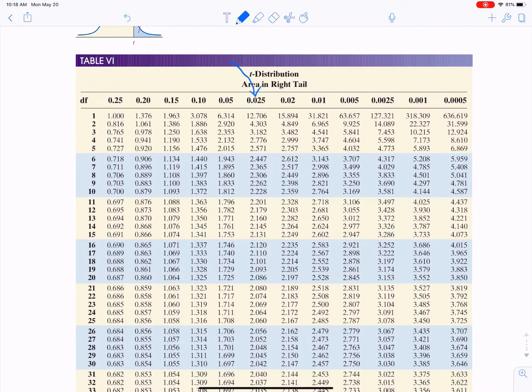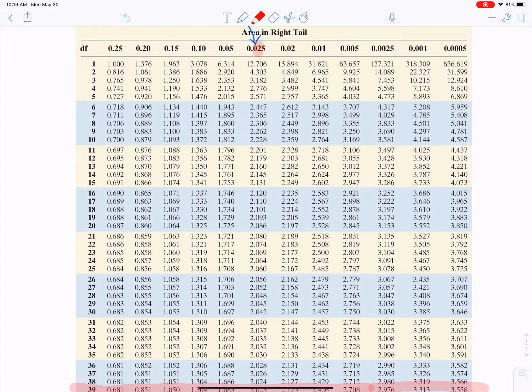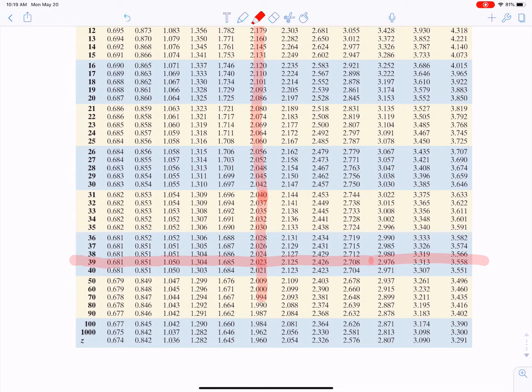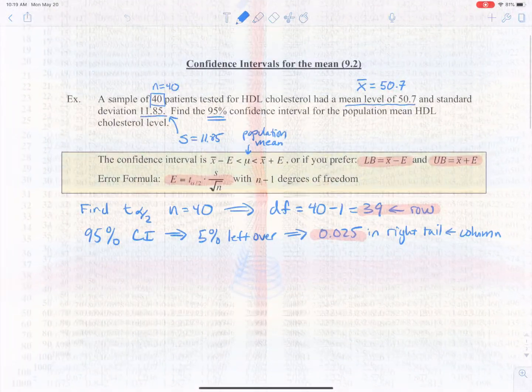So this is the column we're looking at for a 95% confidence interval. And we're just going to go down this column and see where they cross, and where they cross right here at 2.023, that is our t alpha over 2. Okay, now let's go back to the other page and we'll continue.